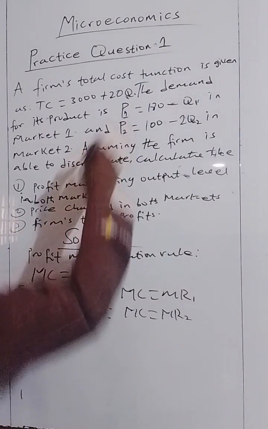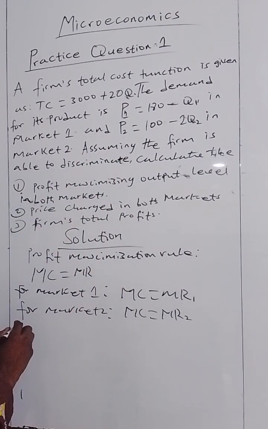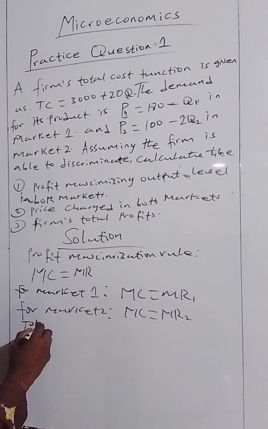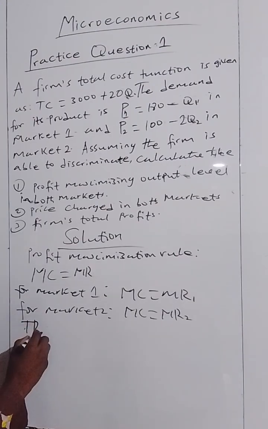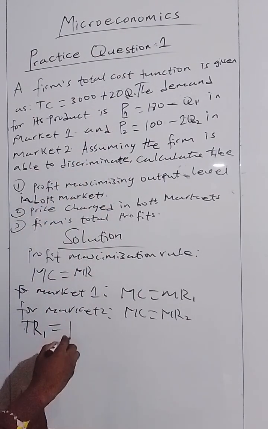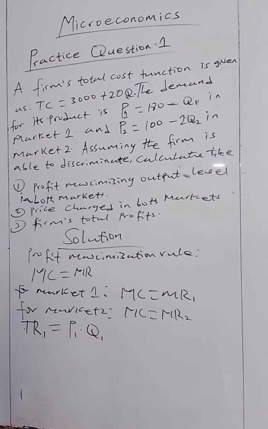For instance, for market 1, you can say total revenue, let me just use TR1, that is total revenue from market 1. The formula will be the price multiplied by the quantity from that market.